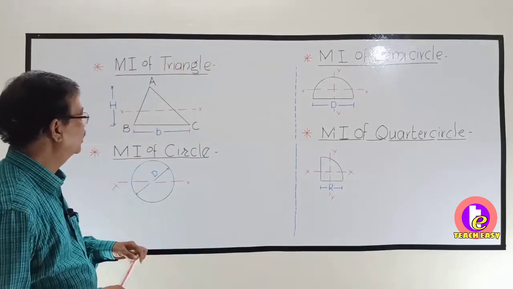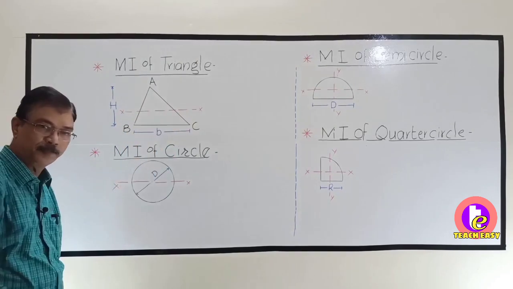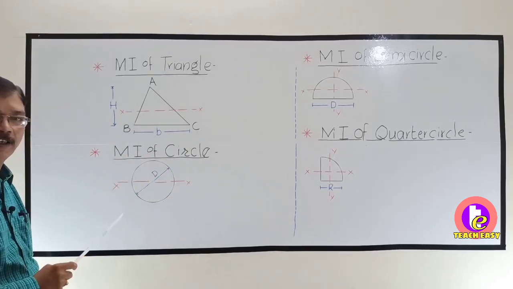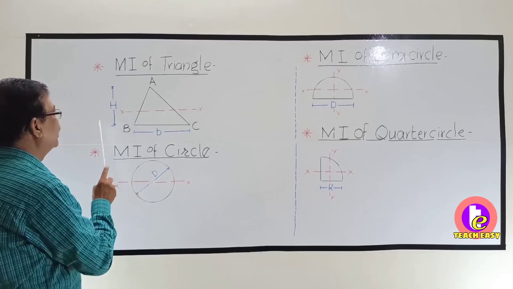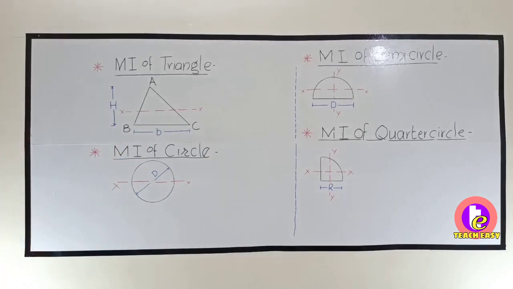Now let us first see moment of inertia of a triangle. You can very easily see that ABC is a triangle whose base is BC, which is small b, and height is this perpendicular distance, that is h.